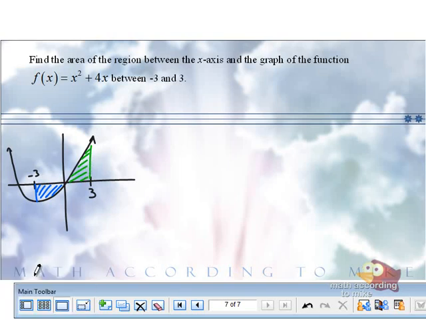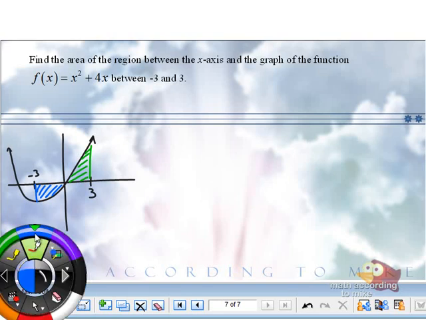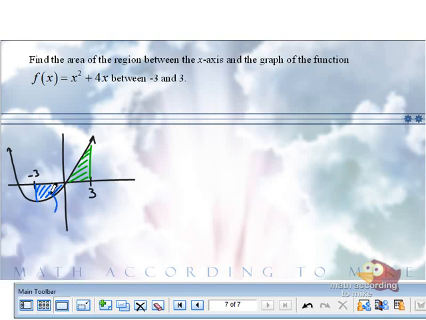Since it's saying the area, anything that's below the x-axis, we have to take the absolute value of. And anything that's above, we could just take the regular integral of. I picked the same exact function and a similar interval on purpose, so we don't have to double our work. We already found that this blue area was -9, but after the absolute value it is 9.